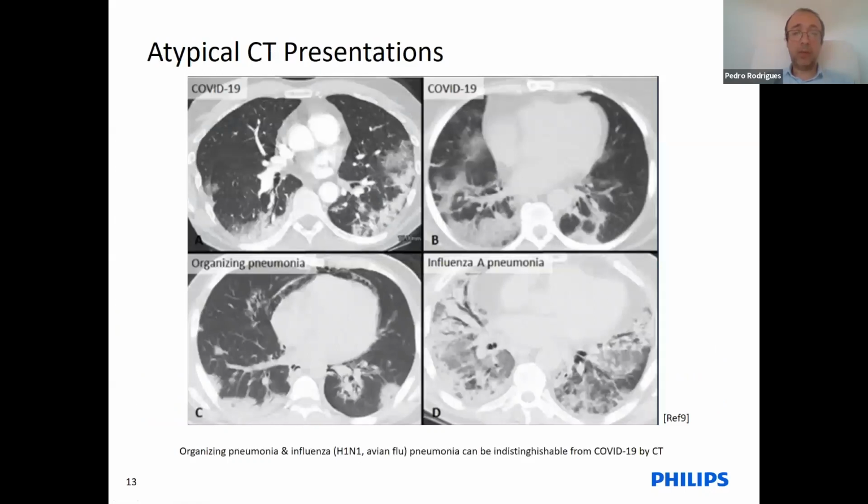COVID-19, however, also has atypical presentations which may overlap with organizing pneumonia and as well H1N1, the most common influenza. These are typical examples where it might be unclear what it is. That's one of the reasons that CT alone might be considered not enough to differentiate between different forms of pneumonia.